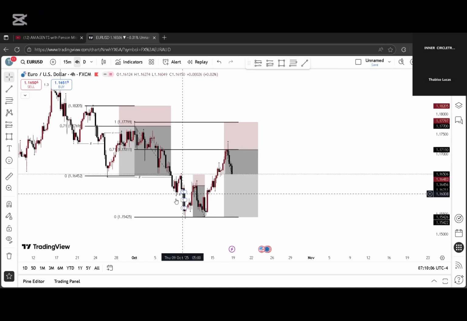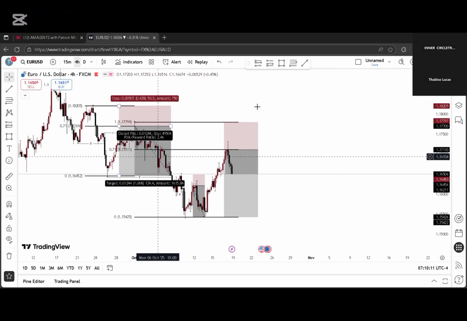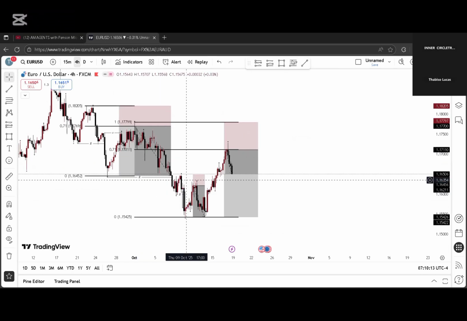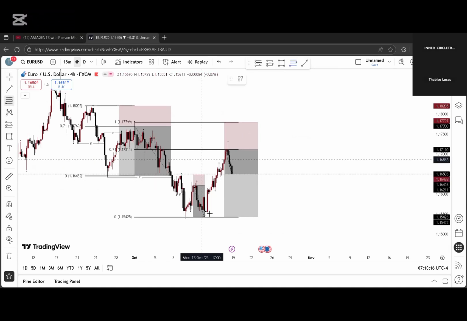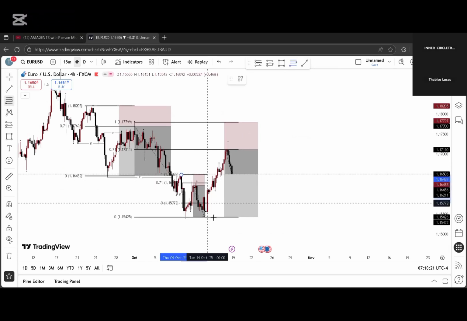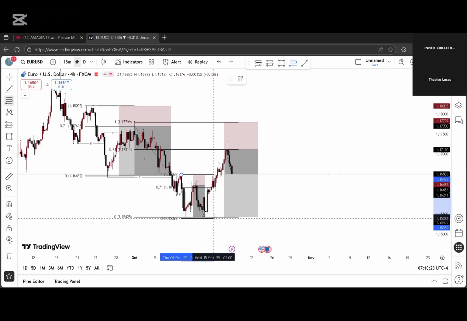The reason that I took this trade was that here we're still in the downtrend. I saw this break of structure. I took my fib level and I put it here, and then, as you can see, we hit take profit, right?